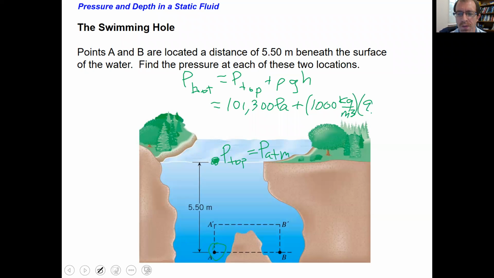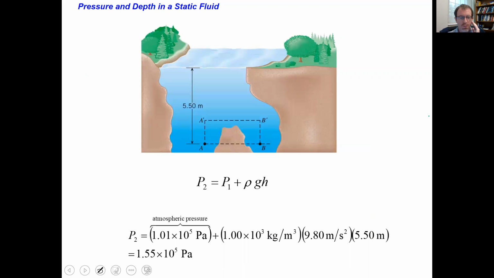G is 9.8. And H is 5.5 meters. Now, when I multiply everything together, I get the result.